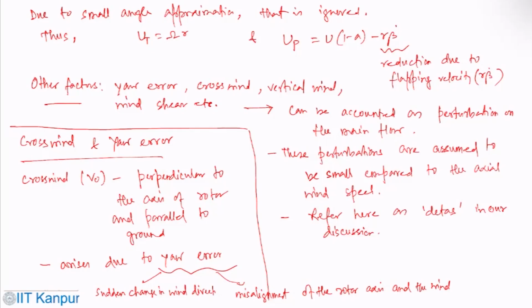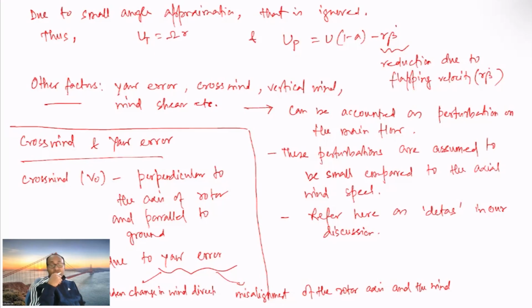So these different factors, which are this crosswind, obviously arise primarily due to the yaw error, and the yaw error could come from sudden change in the wind direction or misalignment of the rotor axis and the wind.